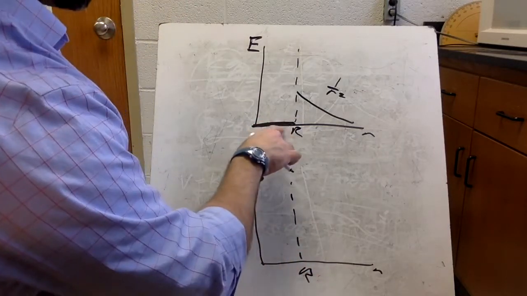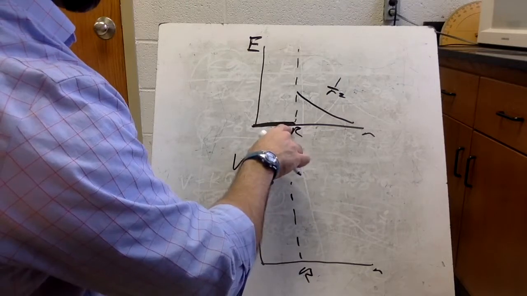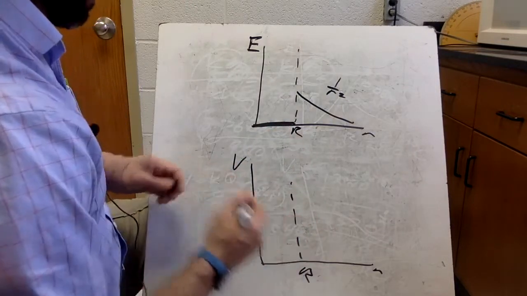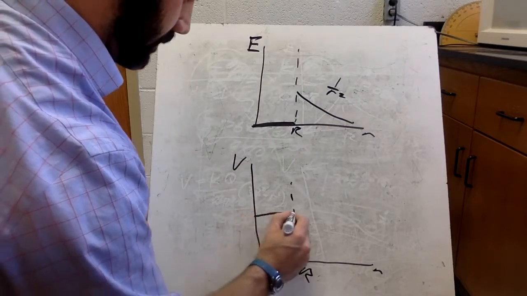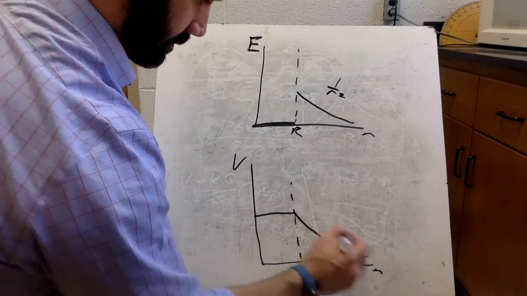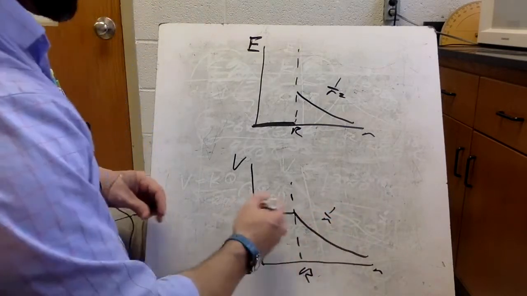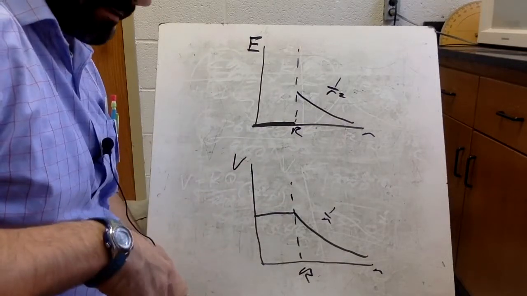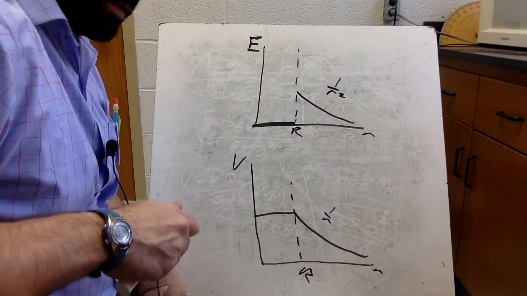Well, look, if this is the slope, the slope is 0. So that just means that between here and here it's a flat line, and that's going to be given by this. And then outside, again, it's going to be 1 over r.